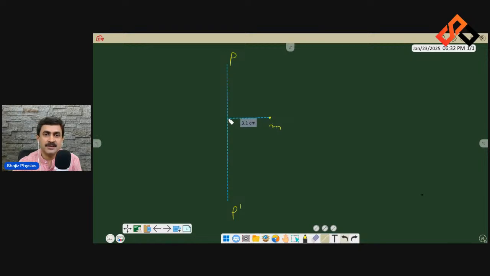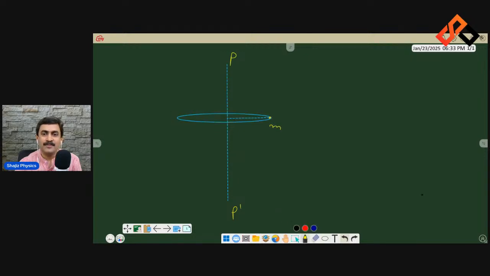So this is the situation given. Whenever it is rotating about this axis, we can say that it is revolving around the axis in a certain circular path, just like this.